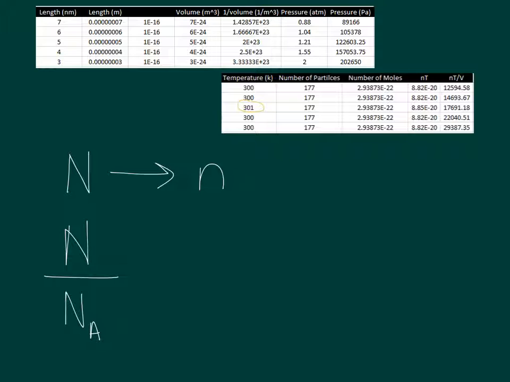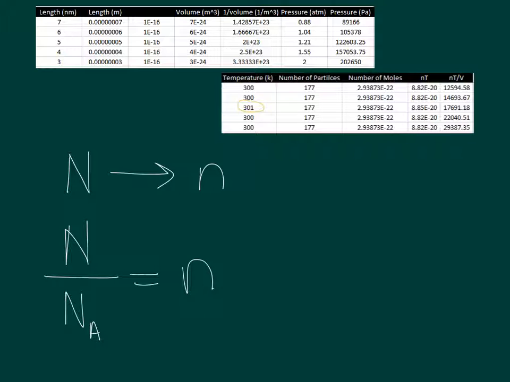So we would take, in this case, 177 particles and divide that by 6.023 times 10 to the 23rd, which is Avogadro's number, and that should give me the number of moles. So very small number of moles here, but held constant nonetheless.